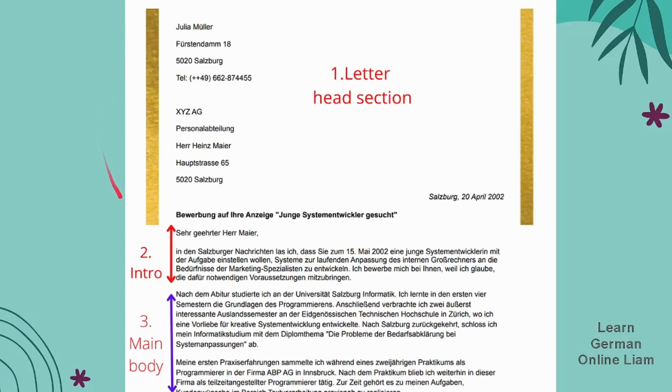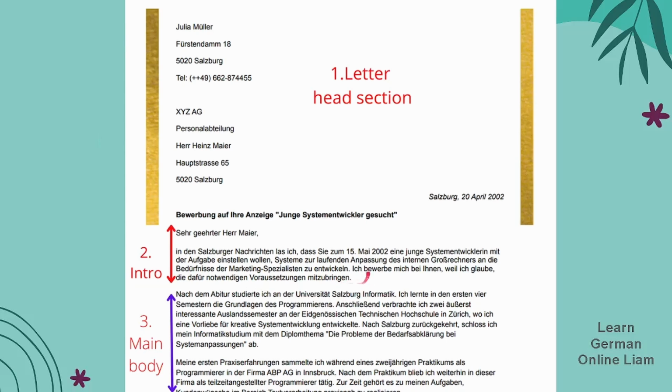Following the letter header section, you will have the letter intro section or introduction section, where you will formally address whom you are writing to and also the reason. You will start the letter, the message, with an introduction about yourself and why you are writing, what is your motivation behind writing this letter.